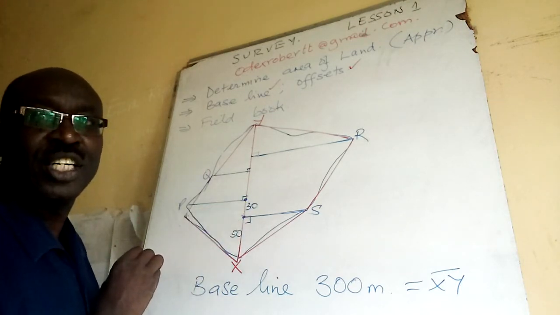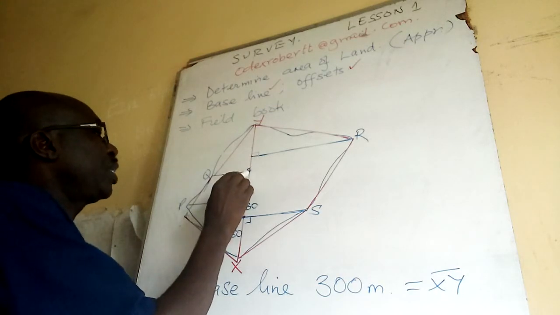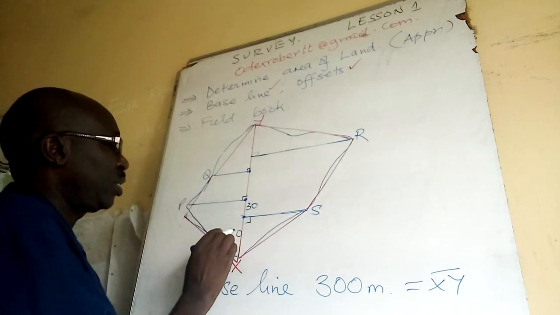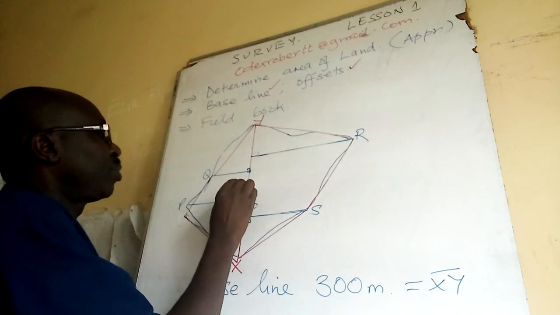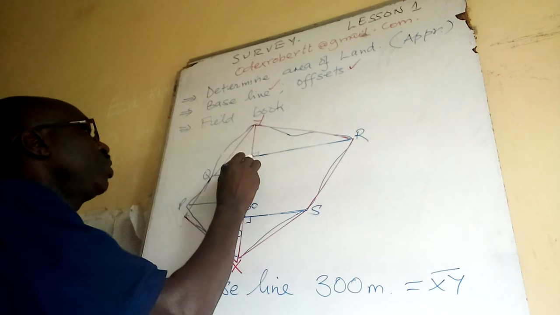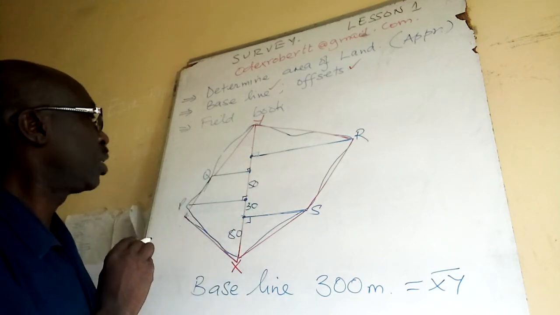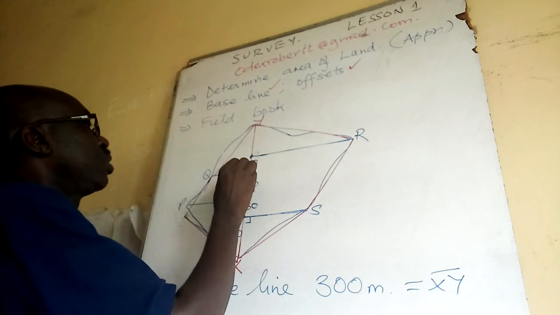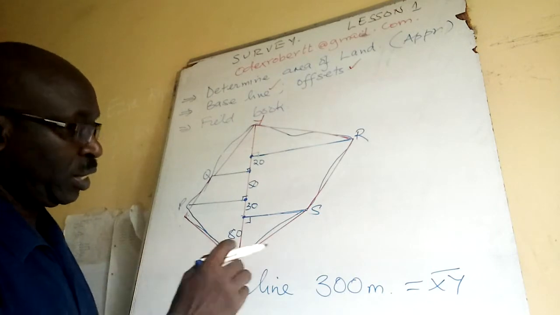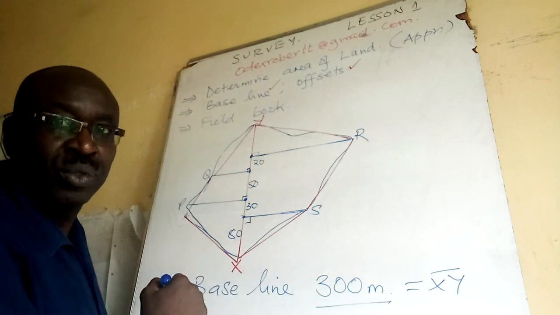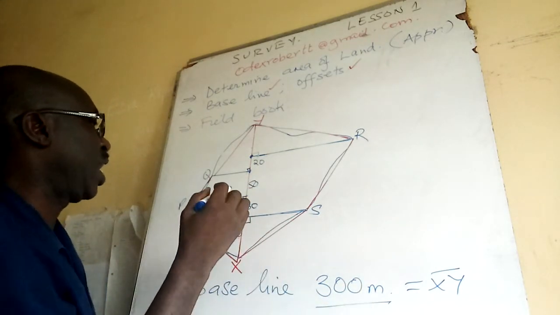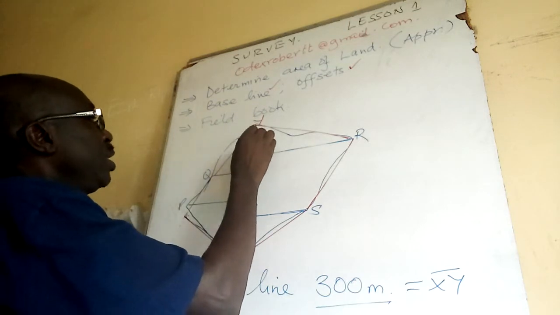Then to another point, maybe 80, then 50. Then from this point to this point, let us say it is 20. And then from here to here it must add up, so normally you measure and then you give this. For me to give the right figure, maybe I say 60.